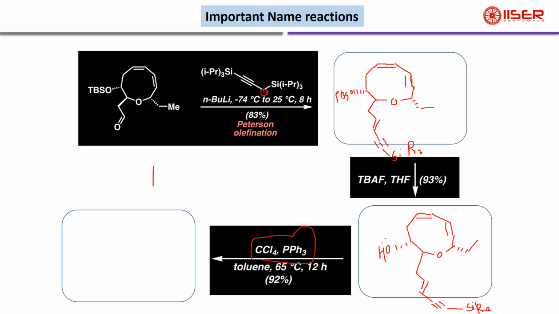This oxygen will attack this PPh3 and form an oxygen phosphorus bond. After that, the PPh3 will attack this chlorine atom from the CCl4 and form an intermediate like this.